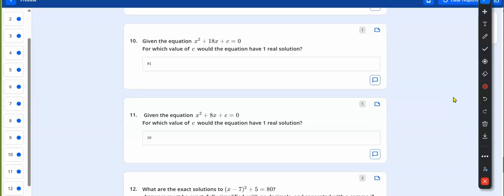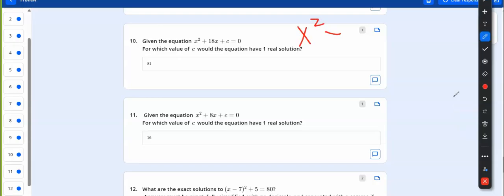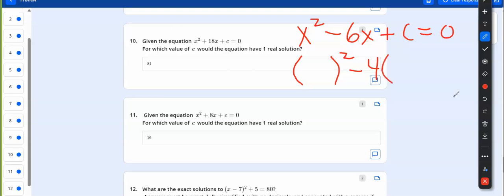Yeah, one more. Okay. So we're going to start with x squared minus 6x plus something, C, equals 0. So something squared minus 4 times something, C, equals 0.